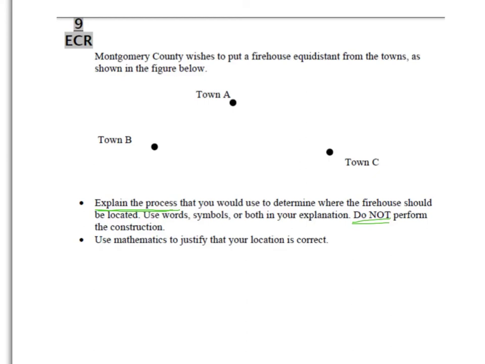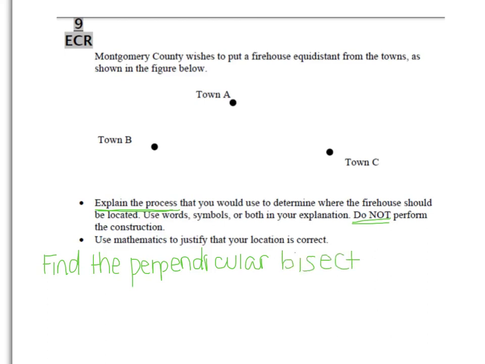One explanation, although yours might be a little different from mine, is that I would find the perpendicular bisectors for at least 2 of the 3 sides.